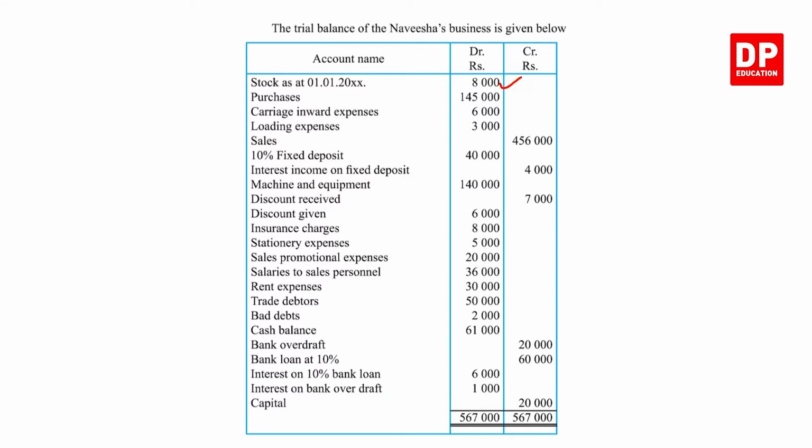Stock 8,000, purchase 145,000, carriage inward expense 6,000, load-in expense 3,000, sales 56,000, fixed deposit 40,000, interest income on fixed deposit 4,000, machinery and equipment 140,000, discount received 7,000, discount given 6,000, insurance charges 8,000, stationery expense 5,000, sales promotional expense 20,000, salaries to salesperson 36,000, rent expense 30,000, trade debtors 50,000, bad debts 2,000, cash balance 68,000, bank overdraft 20,000, bank loan at cost 10%, 60,000, interest on bank loan 6,000, interest on bank overdraft 1,000, capital is given 20,000.